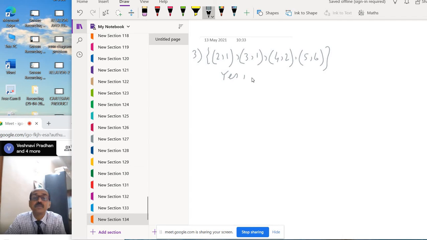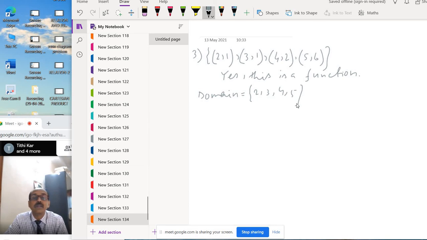This is a function, and its domain equal to 2, 3, 4, 5, the first elements.